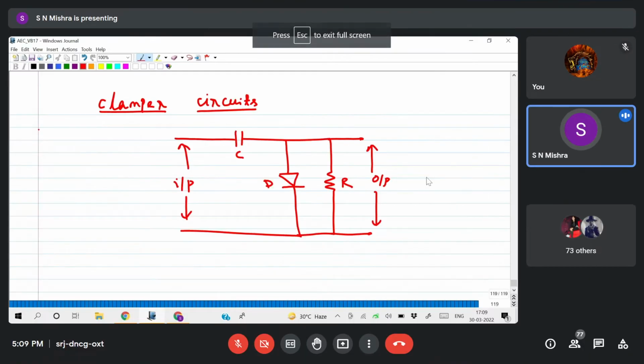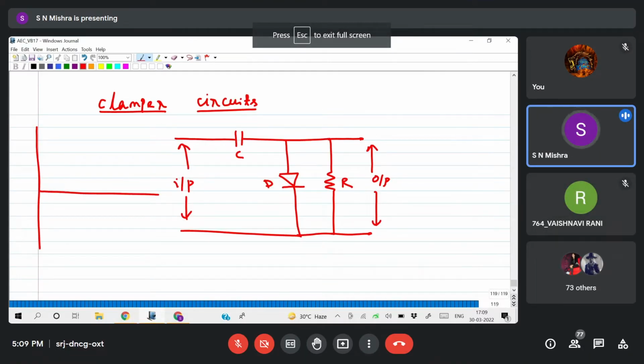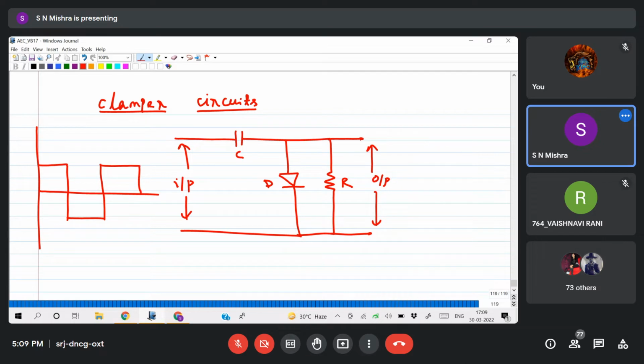Now if I give an input signal like this, Vi, 0, Vm, minus Vm, T by 2, T, 3T by 2 like this. Now if I give this input signal to this circuit, then what is the output of the clamper?